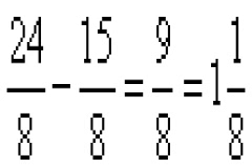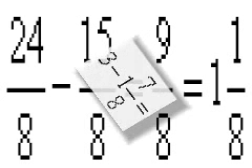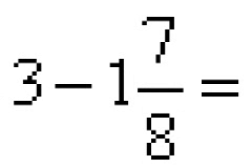Now some of my students prefer to add or subtract the integers and add or subtract the fractions. While I don't like teaching that method, I do teach it to give them the choice. The problem is that many of them will do it the wrong way. Take a look at the problem again. 3 minus 1 7/8. When they try to cut it apart, many of them will do this.